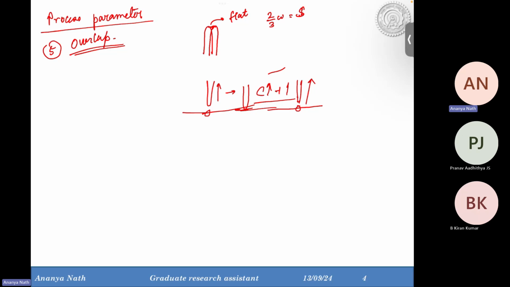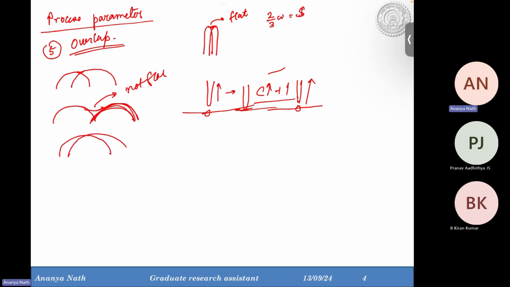The same goes for here as well. Here also the overlap should be in an optimal range. If this is one bead and this is the other bead, it will be flat. If I have another bead like this, it will not be flat; it will have that undulation.